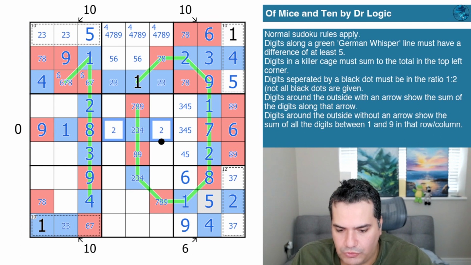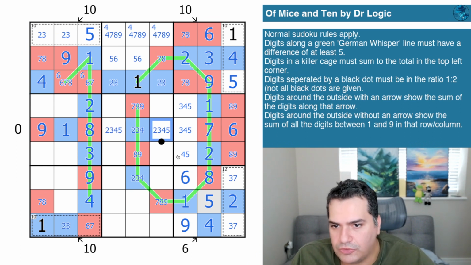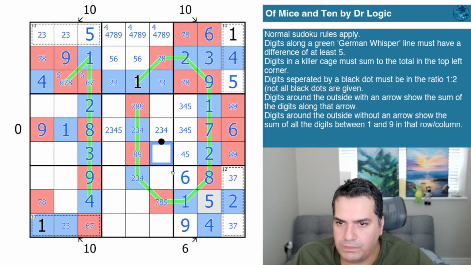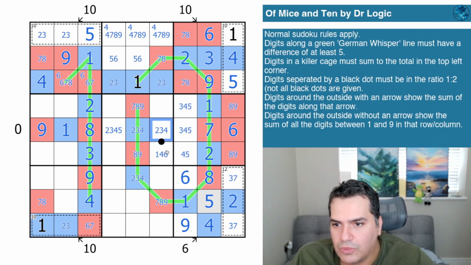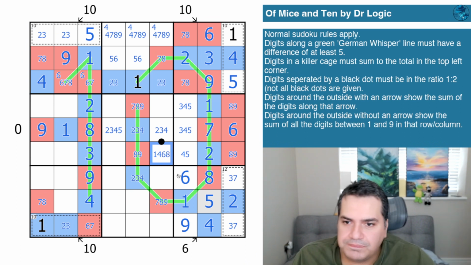So this is from 2, 3, 4, and 5, and clearly this is not a 5. Now if that's a 2, that could be 1 or 4. If that's a 3, that can be a 6. And if that's a 4, this has to be an 8. Way too many options still. I'm going to leave it as it is.